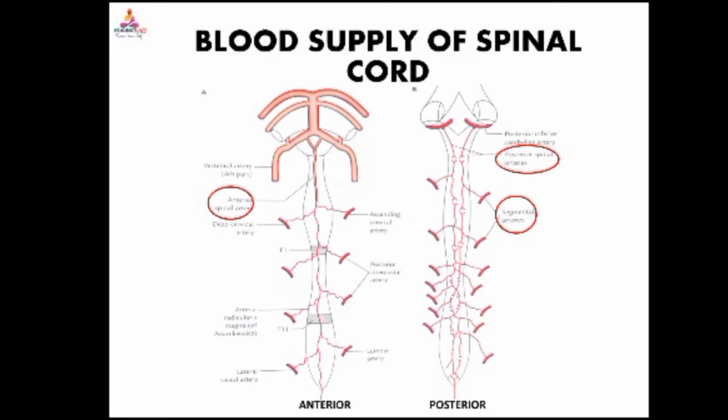There are two posterior spinal arteries, each arising as a small branch from either the vertebral or posterior inferior cerebellar artery.